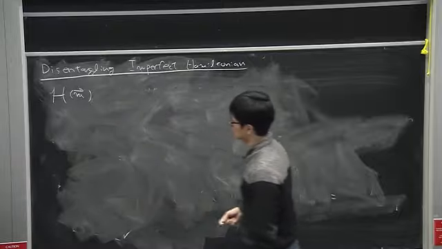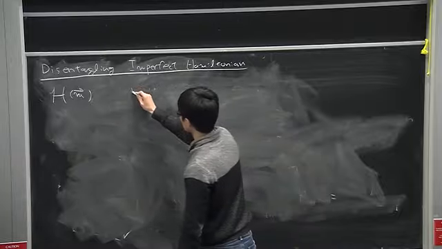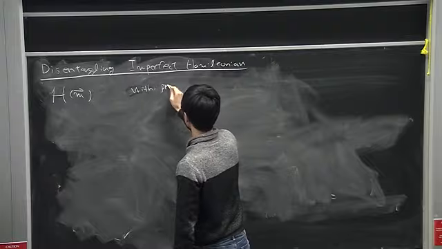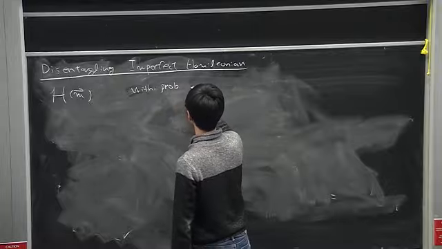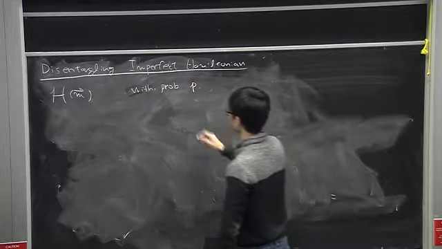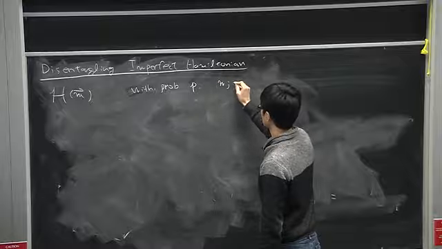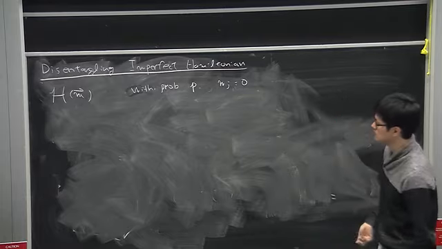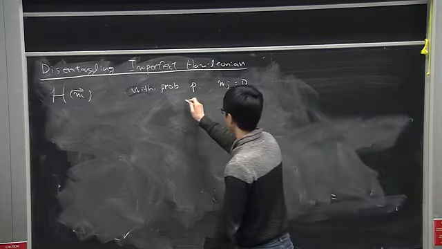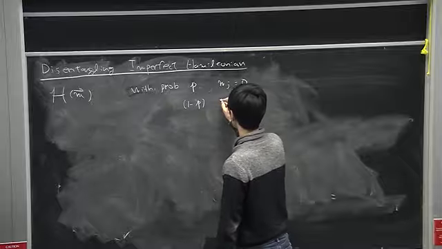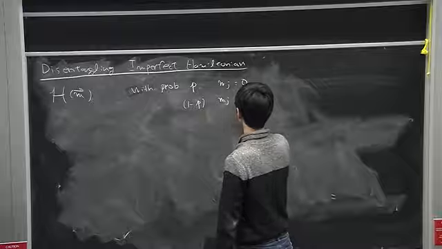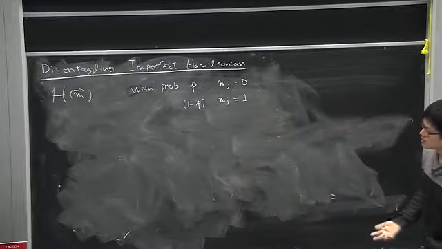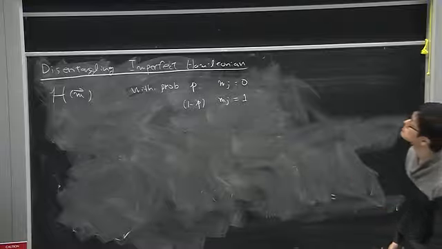But we do this in the following way. For each j with probability p, we take Mj equals to 0. So we just throw away some terms from the Hamiltonian. And with probability 1 minus p, we keep the Hamiltonian. Okay. So it's like erasure error, but at the level of Hamiltonian.